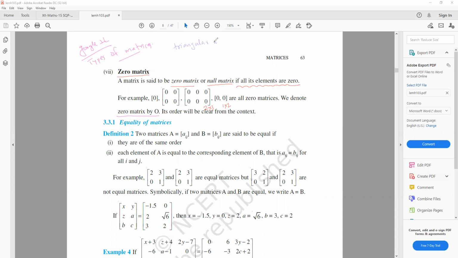triangular matrix. It is not in your syllabus for you, but you just know there is another thing which is known as upper triangular matrix. There is another thing known as lower triangular matrix. So वैसे just Google it. Google ले लेना, उसमें से ऐसे टाइप कर देना different type of matrices, then आपको अलग अलग टाइप्स मिलेगा.